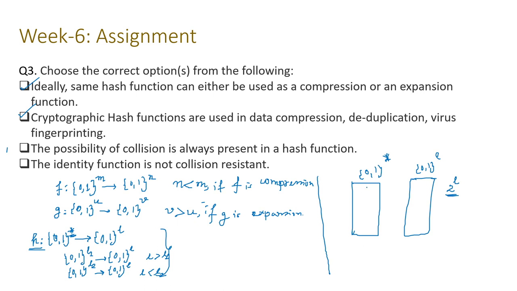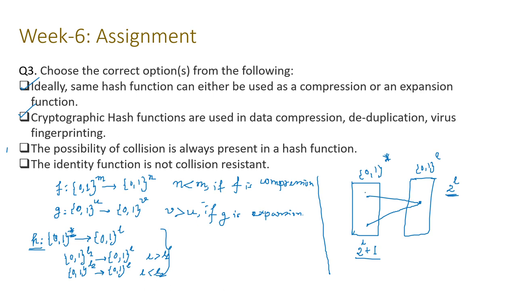Whenever you query the hash function with at least 2 to the power L plus 1 distinct inputs, you will certainly find two inputs that map to the same output, due to the pigeonhole principle.